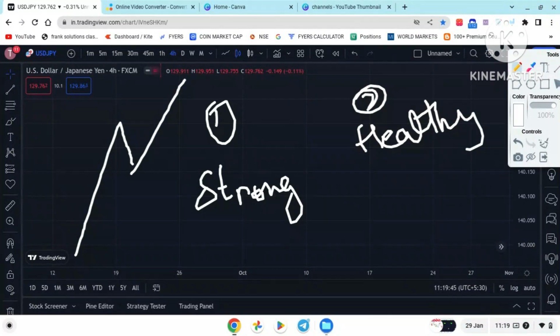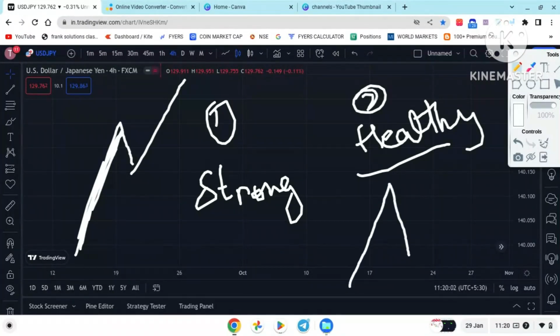This indicates that the trend is strong, but it will not sustain for a longer period of time. While on the other side, a healthy pullback is when the market after a trend retraces 50 or 60%. That shows that market strength is medium, but it is sustainable for a long period of time.